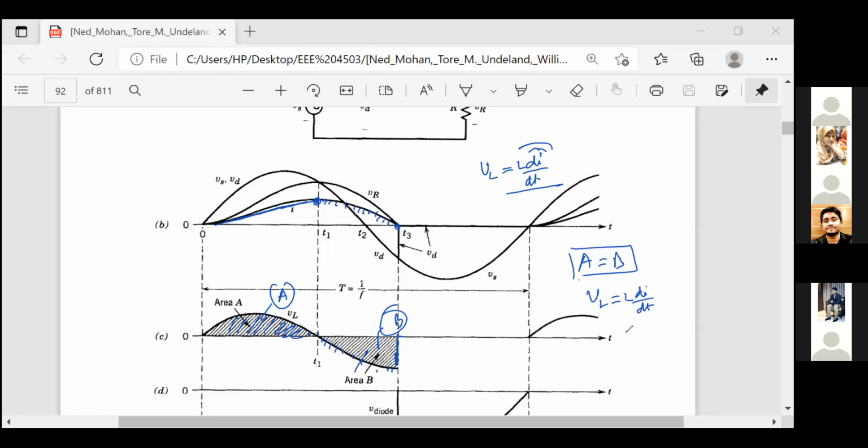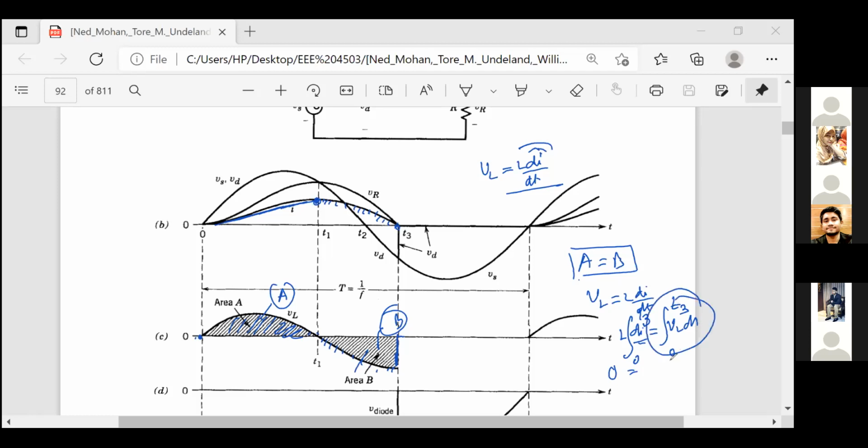Then if we multiply, L di equal to VL dt, and if we integrate it from 0 to T3, the change of current at t equal to 0 and at T3 is of course 0, so it is 0.